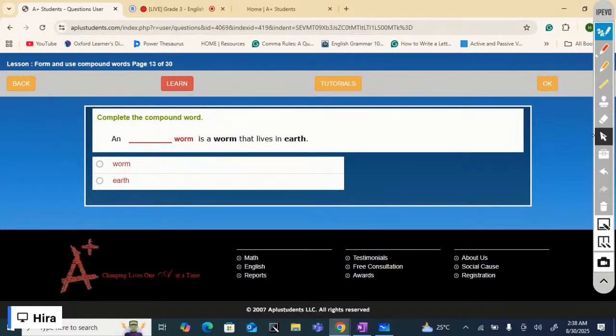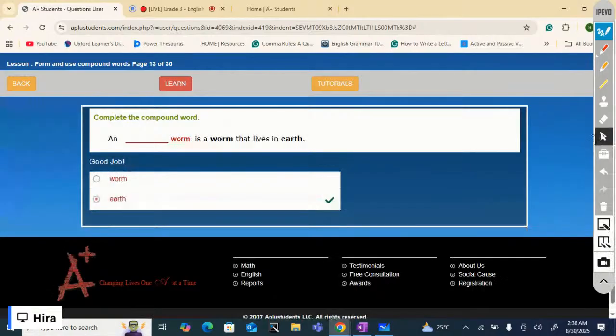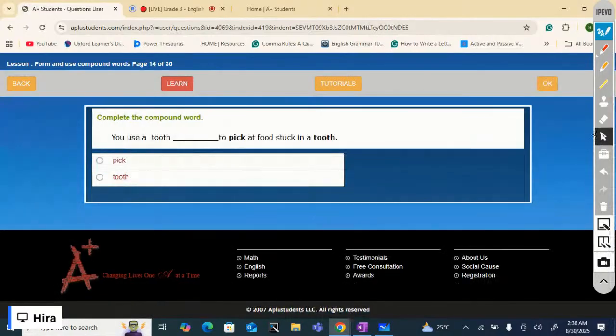A blank worm is a worm that lives in earth. A worm that lives in earth is called an earthworm. An earthworm is a worm that lives in earth. You use a tooth blank to pick at food stuck in a tooth.